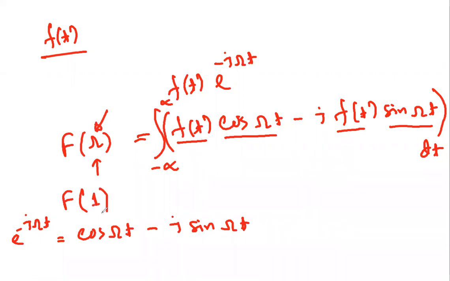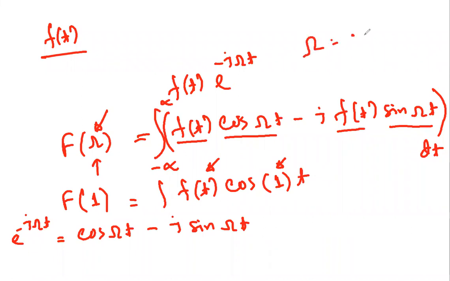Then F(1) is equal to the integral of f(t), which is the unknown signal whose frequency components you do not know, times cos of 1 t. Here omega is 1, because we are looking for the component of frequency 1 hertz inside your f(t).